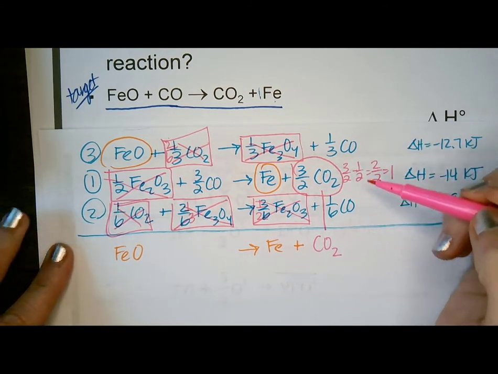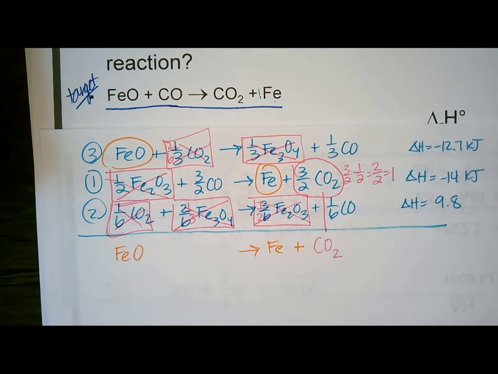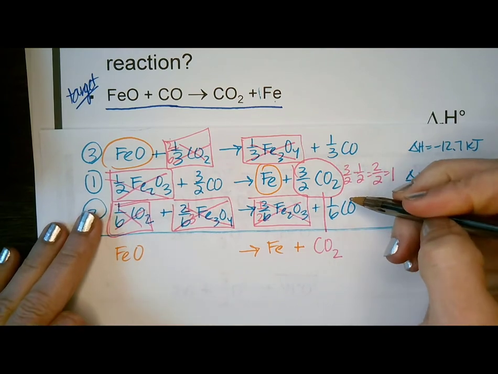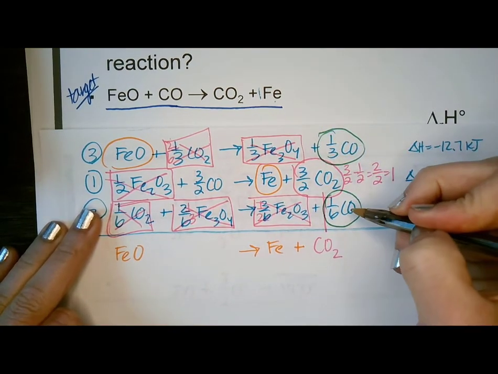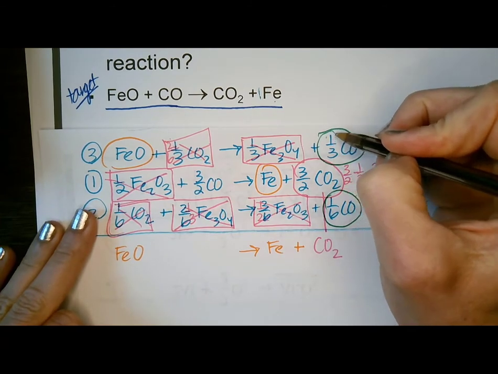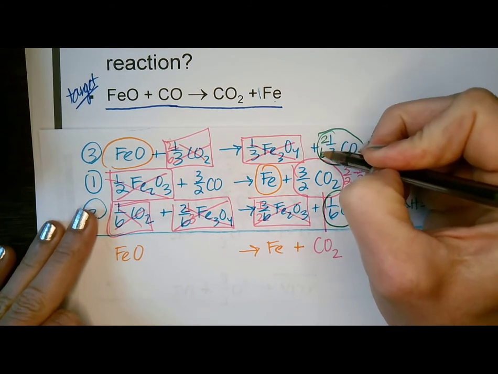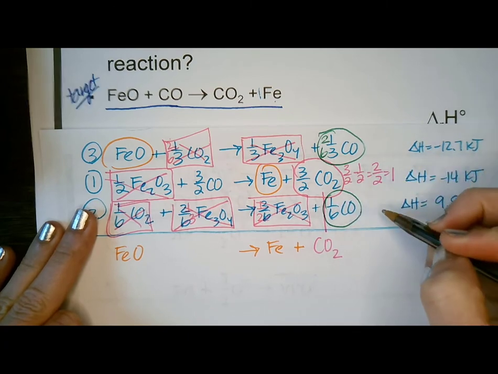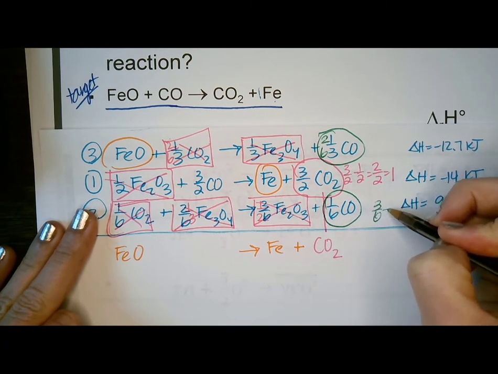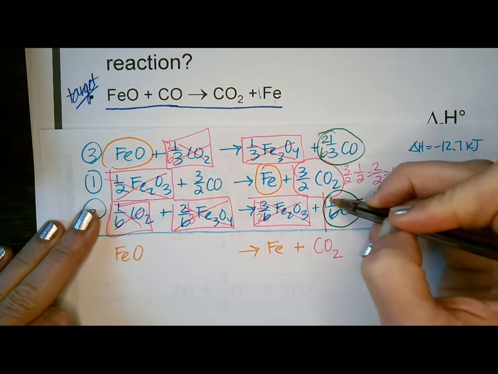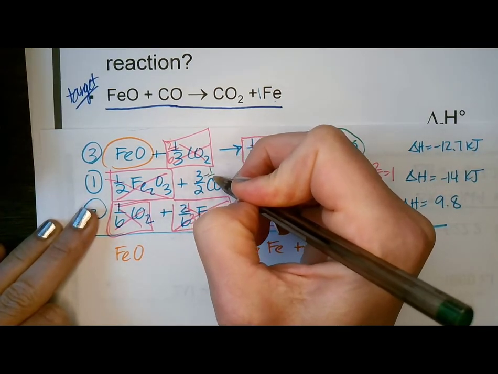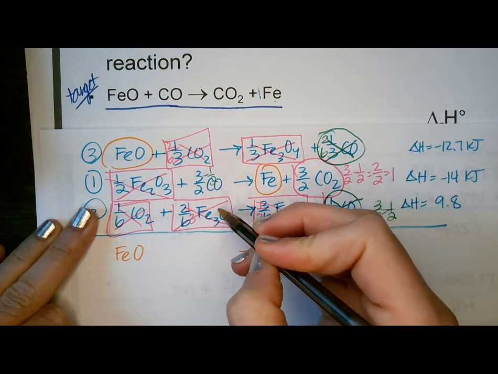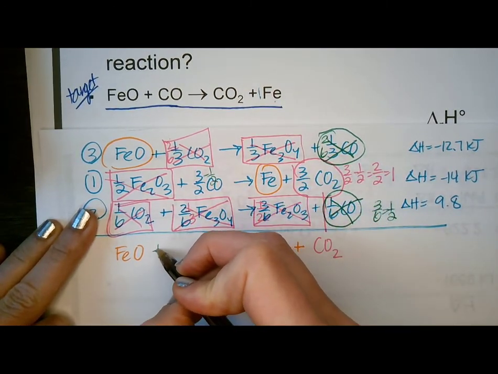And then the only thing we have left here is our COs. Let's look at that. I've got 1/6 of a CO and 1/3 of a CO. So 1/3 is equal to 2/6. 2/6 plus 1/6 is 3/6. 3/6 is 1/2, correct? So I need to subtract 1/2 of a CO. So 3/2 minus 1/2 is 2/2. 2/2 is equal to 1.